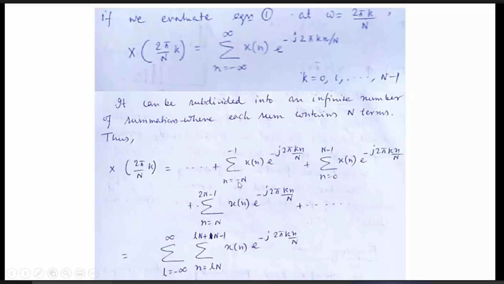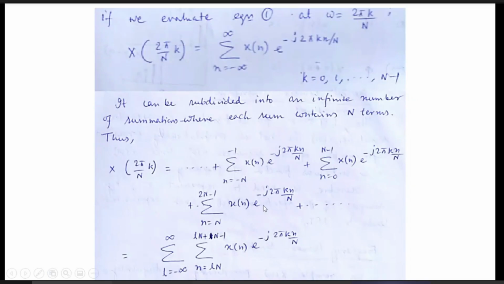The previous division is minus N to minus 1. After that, it is N to N plus N minus 1, that is 2N minus 1, since N points are there, starting from N. Like that, it ranges over the continuous range.